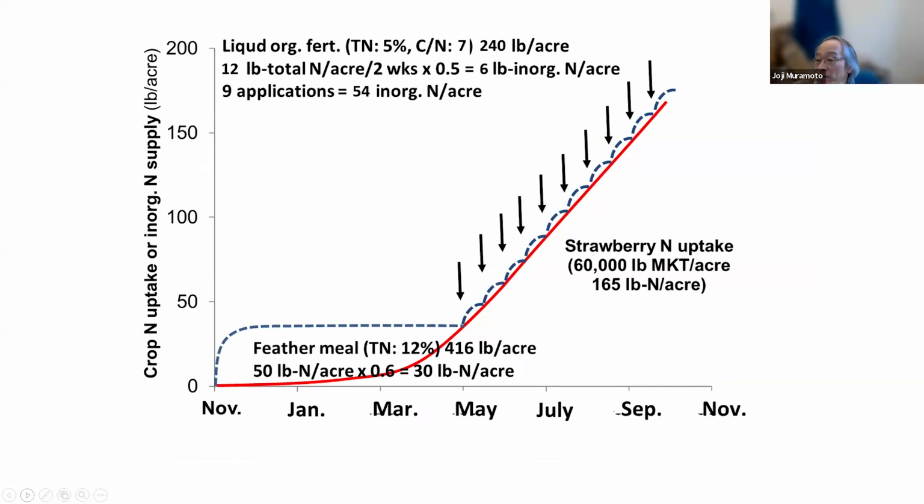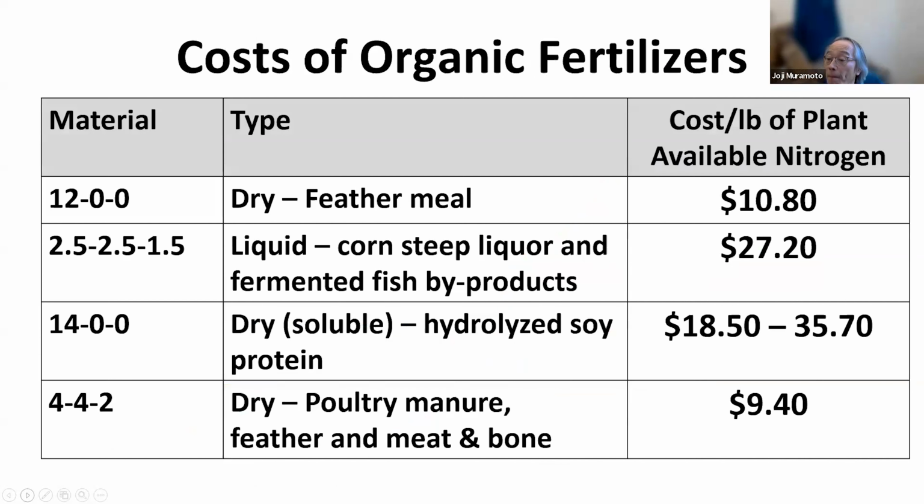In this case, every 2 weeks, 9 applications to meet the nitrogen demand. That can be much more synchronized in supply and demand.